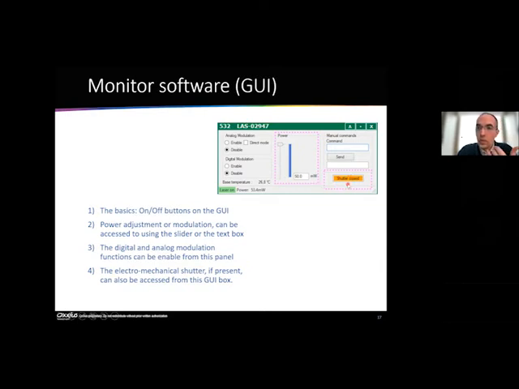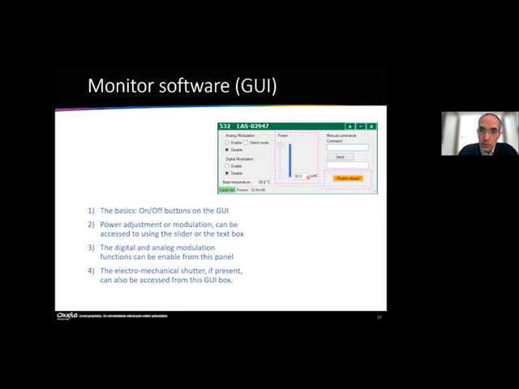The laser cavity emission starts automatically as soon as the emission key is turned on, and then the user can control the emission through the electromechanical shutter.